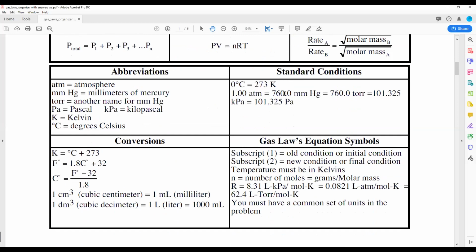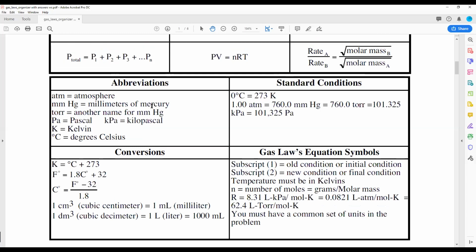So 1 atmosphere is 760.0 millimeters mercury, which is also 760.0 torr, same thing, which is also 101.325 kilopascals, or 101,325 pascals. So you can see the equations, and we'll get into more of these as we get further on.